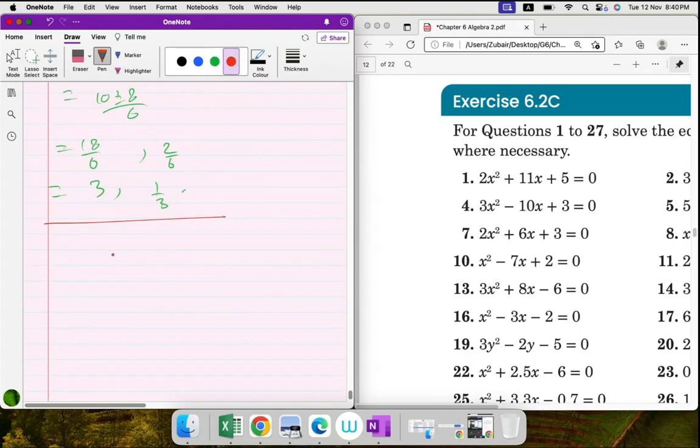Now try question number 7 and share your answers. Yes, sir. 2x square plus 6x plus 3 is equal to 0.